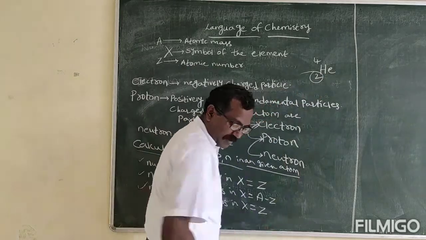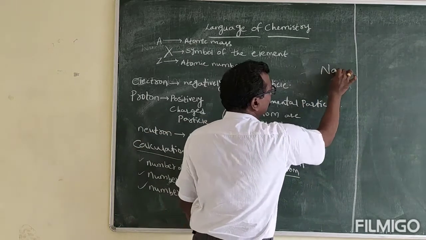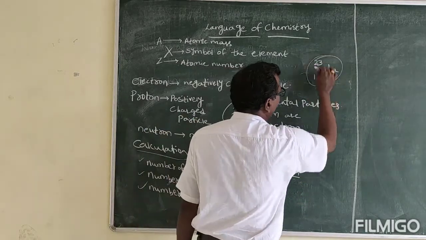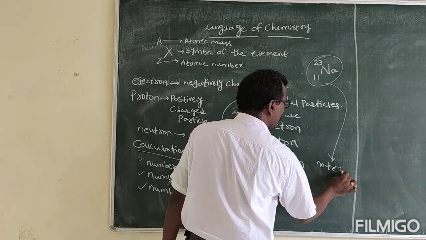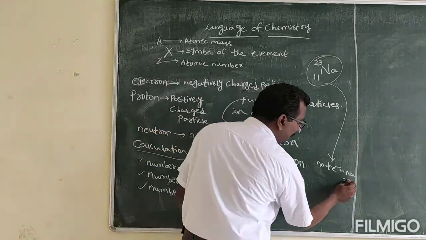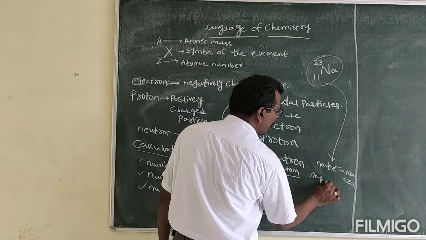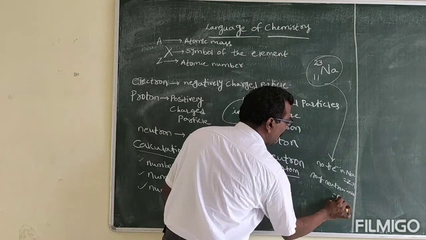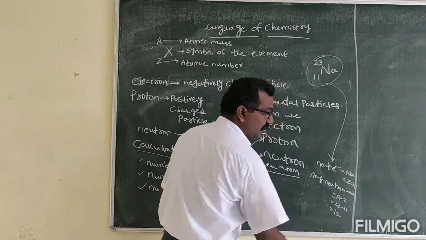Suppose let us consider sodium 23, 11. I need the number of electrons in sodium. How many? 11. Why? It is equal to Z, and Z equals 11. Next, number of neutrons in sodium: A minus Z, that is 23 minus 11. How many? 12.